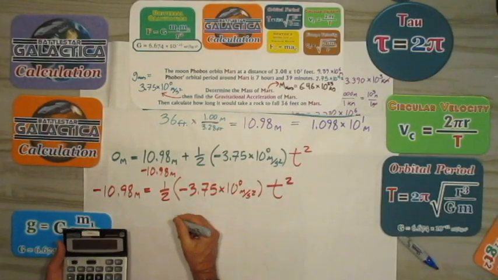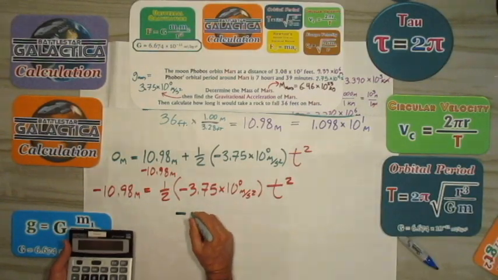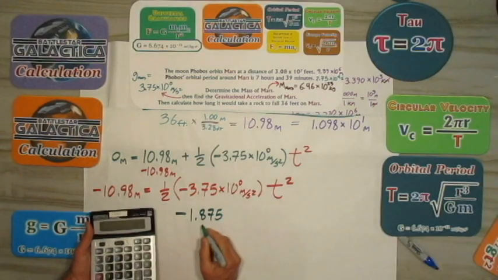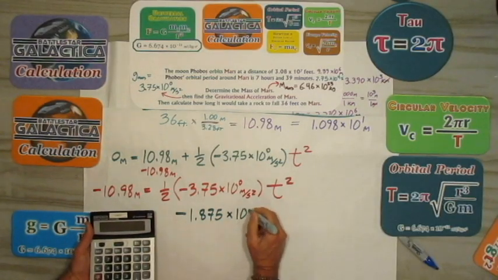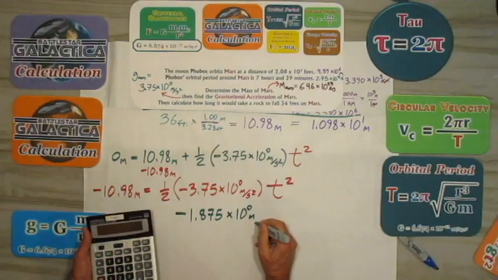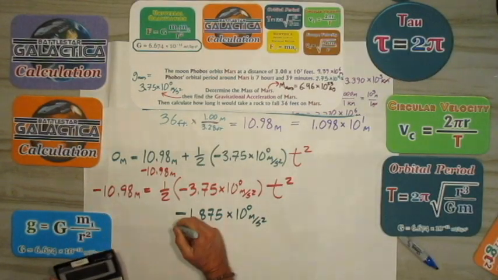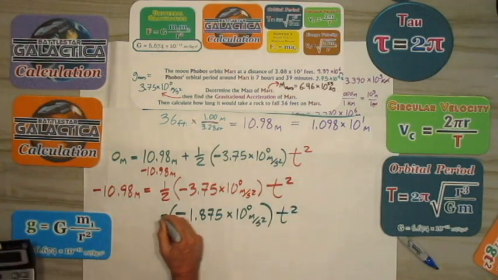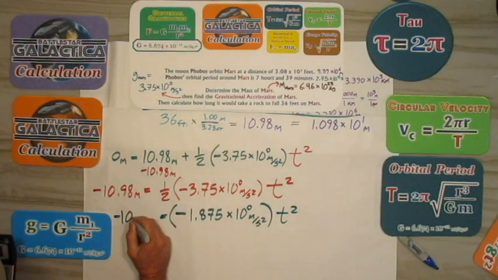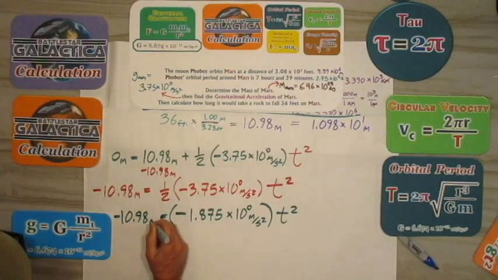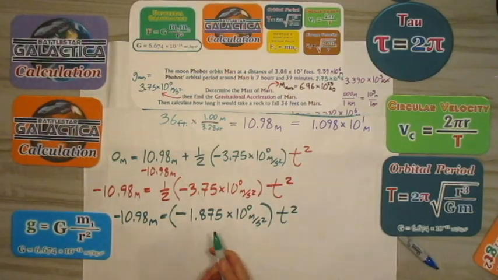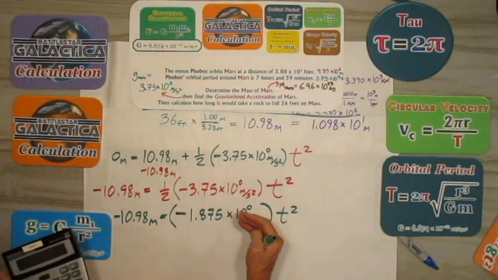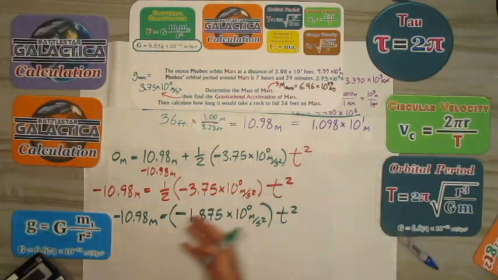And it's still going to be negative, but it's going to be negative 1.875. I think I'll just keep those. And again, 10 to the 0 isn't changing anything, but I'll just keep it in that form. Meters per second squared. That's 1/2 of Martian g, t squared, and that is still equal to the negative 10.98 meters. Okay, this is multiplied onto t squared. I'm afraid we're going to have to divide it off.